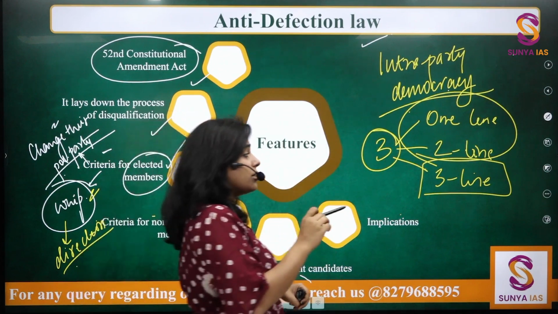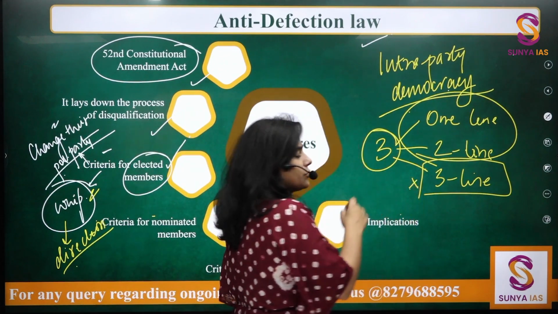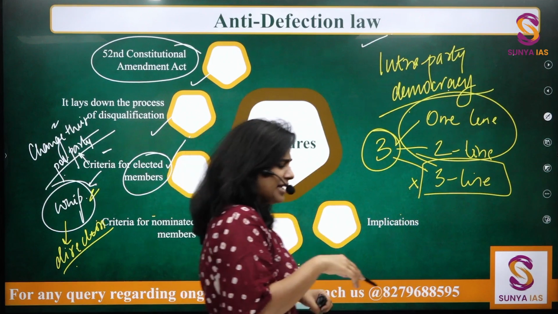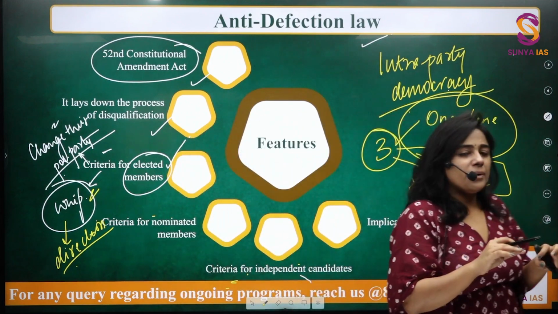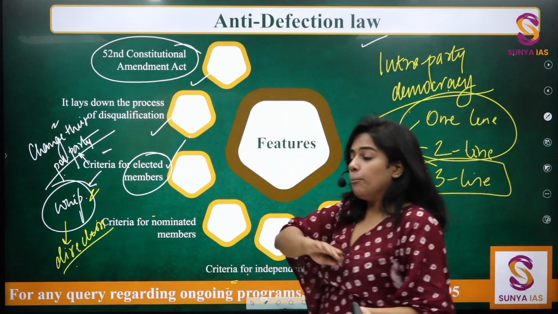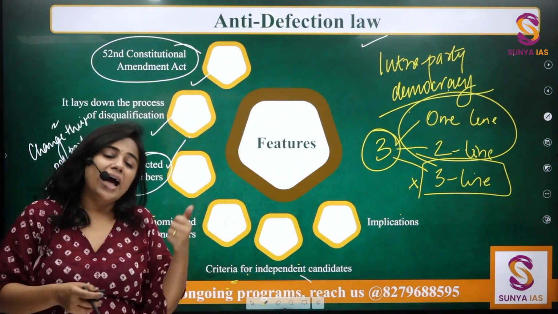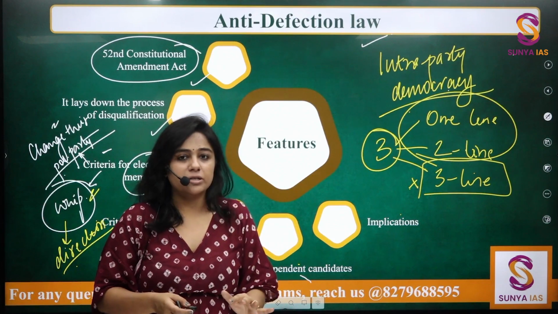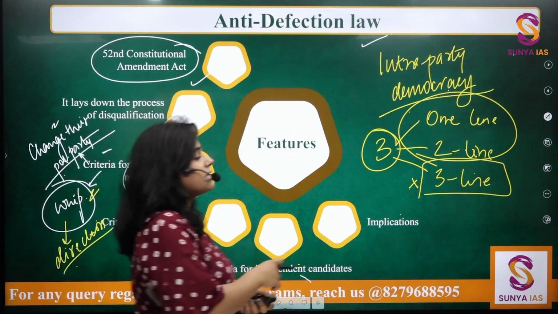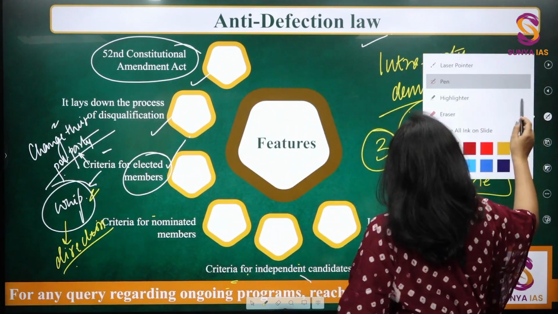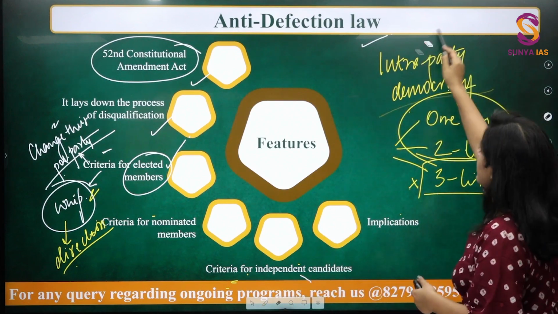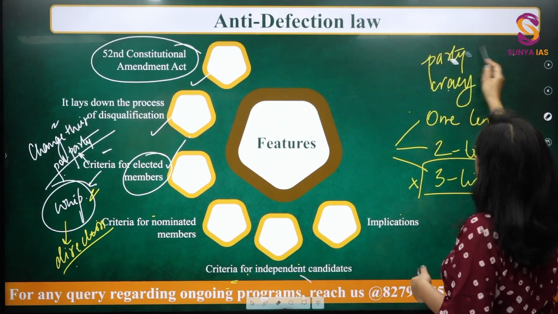But if the parliamentarian does not follow the three line whip, it is considered that the parliamentarian has gone beyond his or her political party's decisions and the parliamentarian has defected. So, effectively, the parliamentarian has to listen and has to obey what the party high command has said.